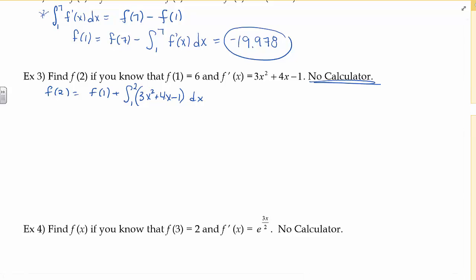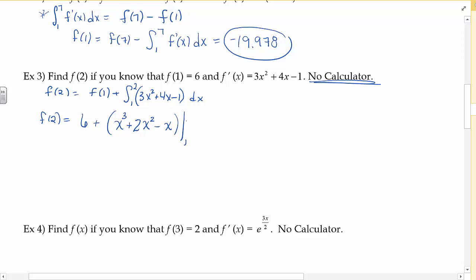Okay, fine. I can't use my calculator. Well, fine, be that way. F of 1 is 6. To evaluate an integral, you take the antiderivative. So I'm going to add 1 to the power, divide by the new power, add 1 to the power, which is going to make it x squared, divide by the new power, and then that's going to be an x, and I'm supposed to evaluate that from 1 to 2.